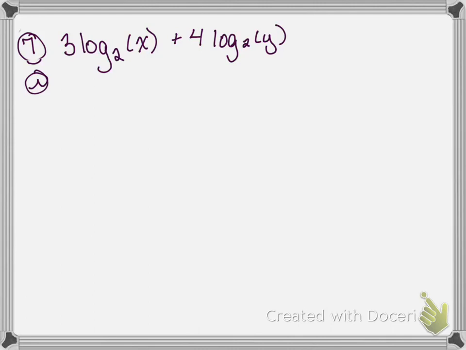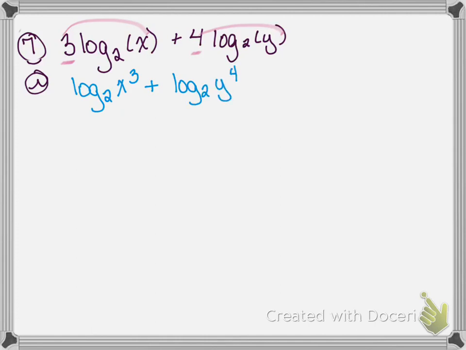The first thing I'm going to deal with is our power rule. I've got this 3 and this 4, and those go as an exponent on each one of these. So I'm going to rewrite that as log base 2 of x to the third and log base 2 of y to the fourth.